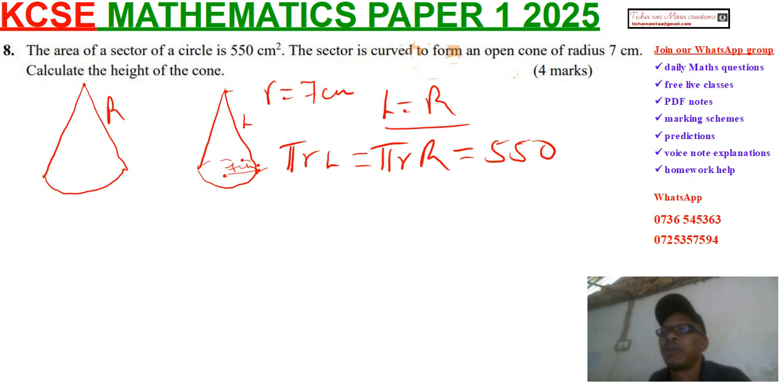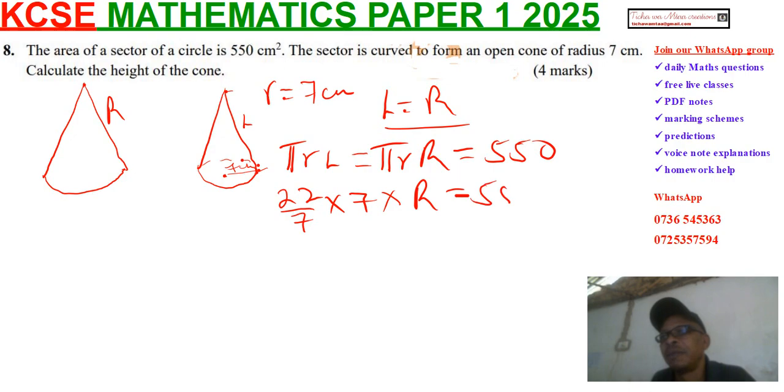To find R, we say 22 over 7 multiplied by 7, which is the radius of the cone, multiplied by R, that is capital R, is equal to 550.